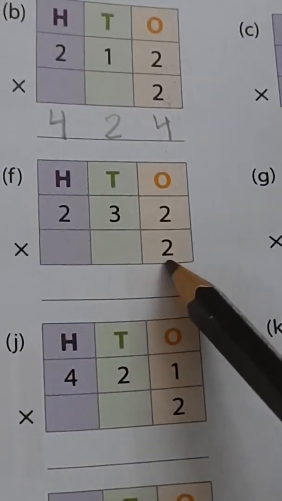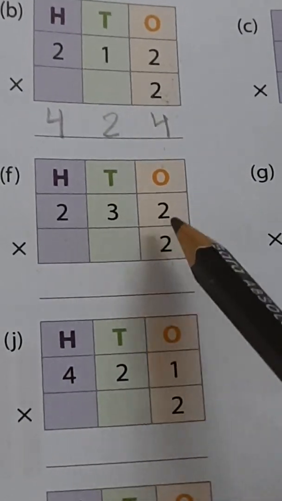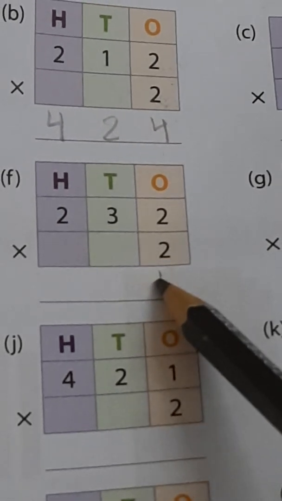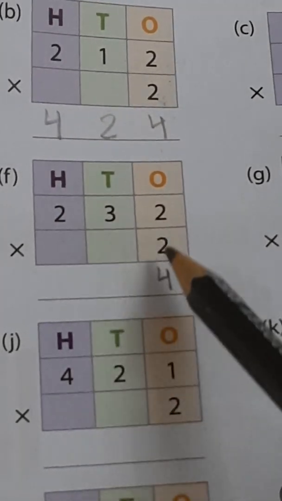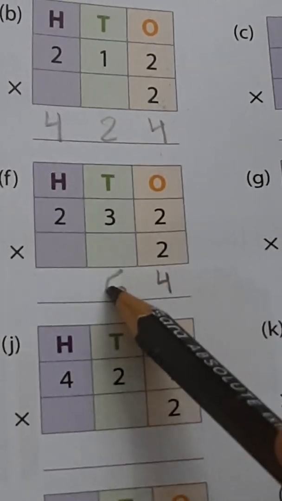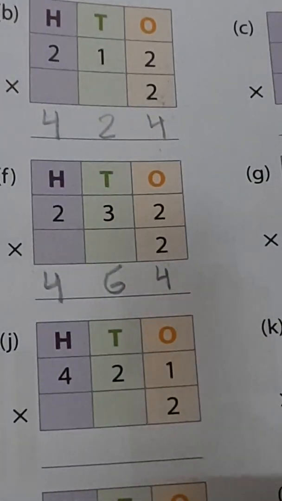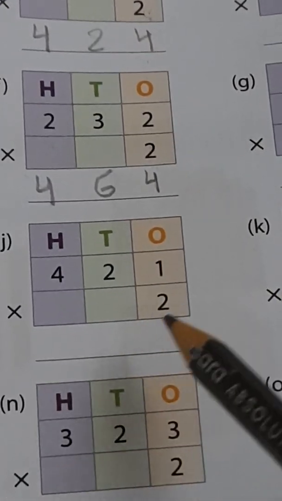Now 232 multiply by 2. 2 2s are 4, 2 3s are 6, 2 2s are 4. Okay, in this way we can get the product correctly.